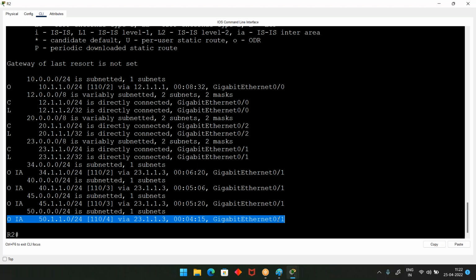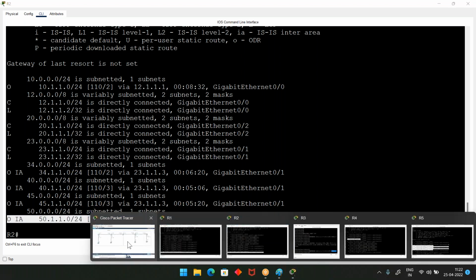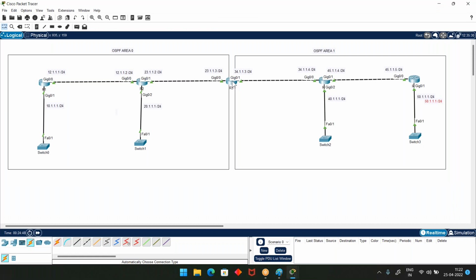You can check this. Why? Because this R3 is the ABR router. So between these two areas, you can see the networks information with each other.